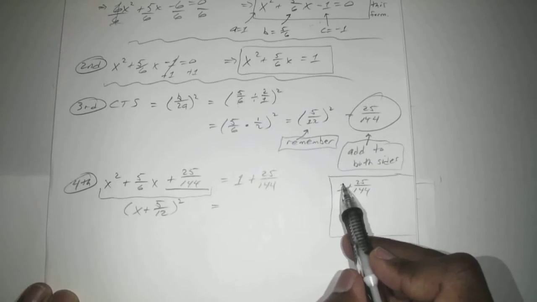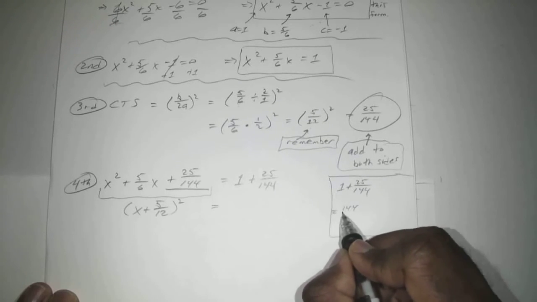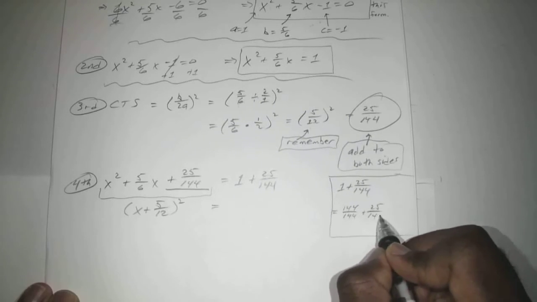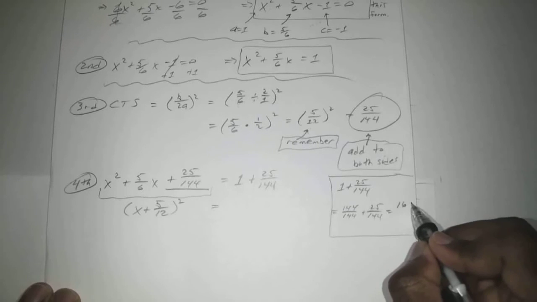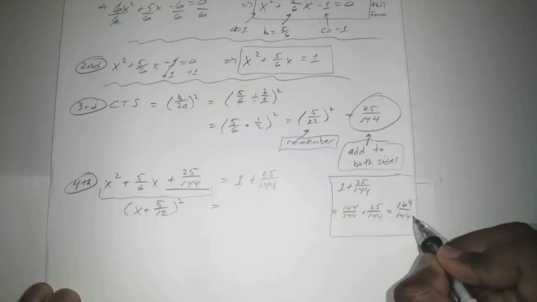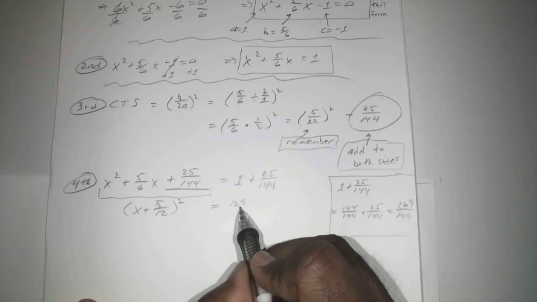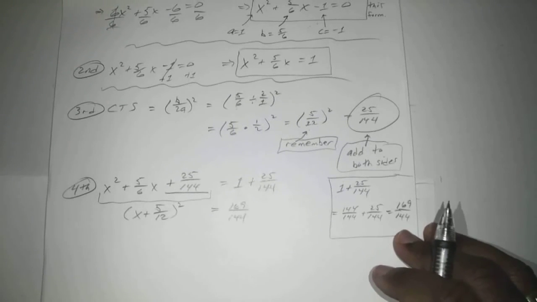We can just make that 144 over 144. That's 144 over 144 plus 25 over 144, which is 169 over 144. Move that up a little bit.